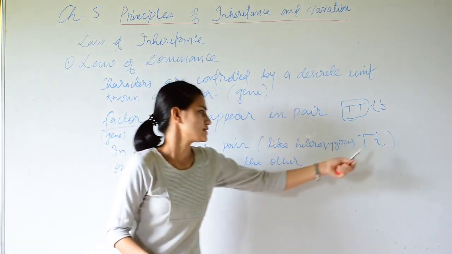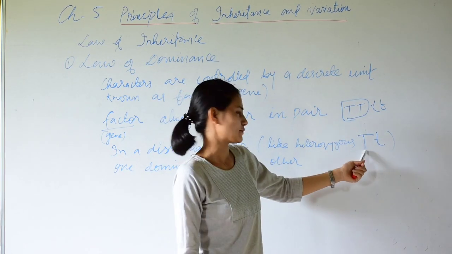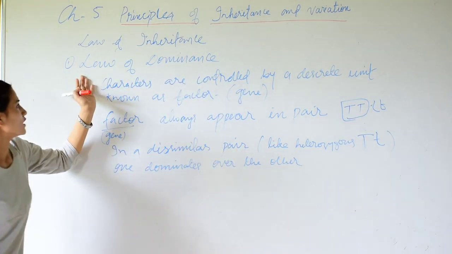That is, though the small t is present, it won't express itself. Why? Because capital T is dominating over the other. This is the law of dominance.